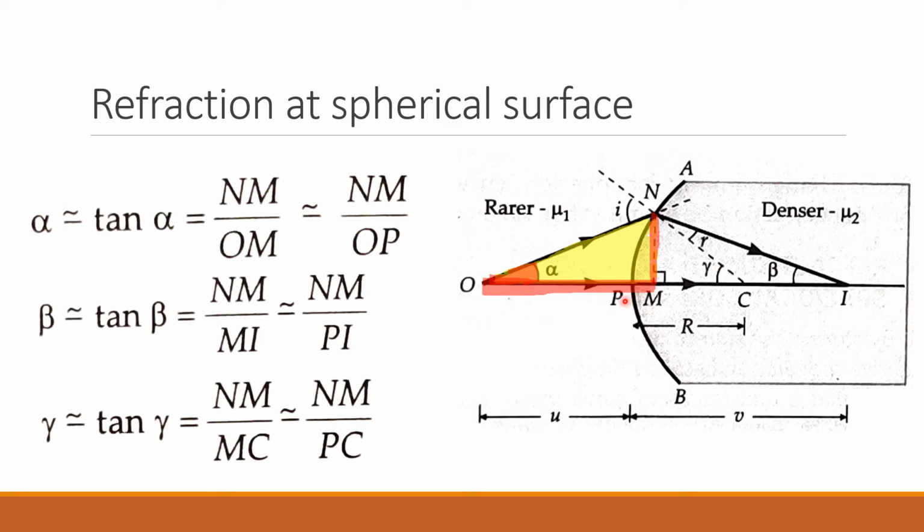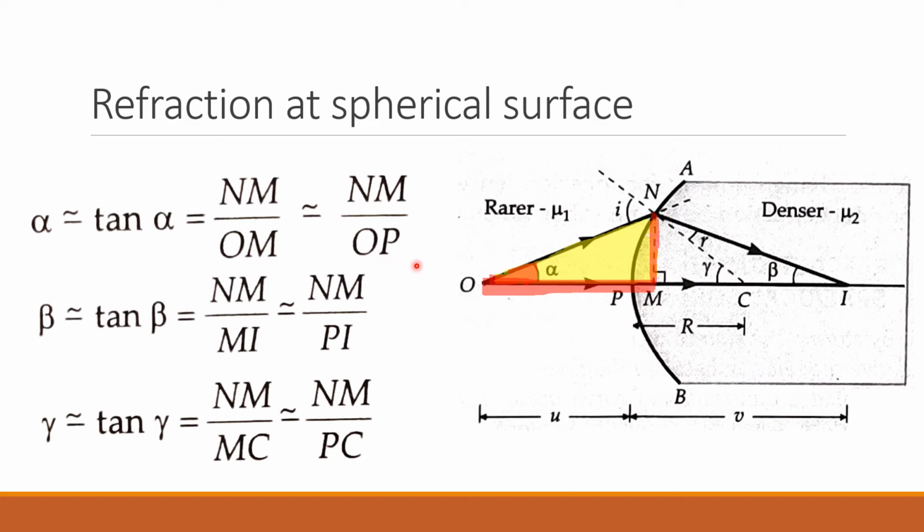Since your points P and M lie very close to each other, instead of M I can also write P. So if I replace M with P, my alpha can be written as NM by OP.